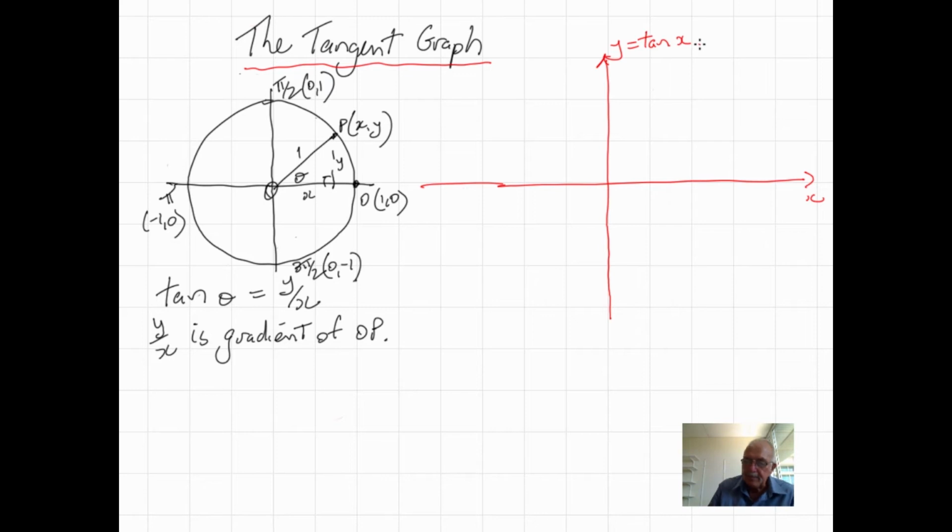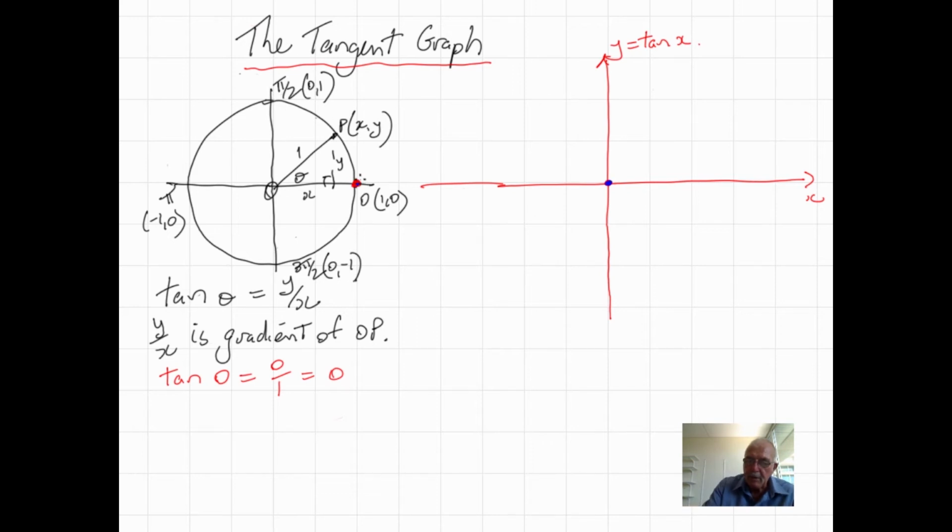We know that when P is at this point here, the tan of 0 is equal to the y coordinate divided by the x, so it'll be 0 over 1, which will be equal to 0. So the tan of 0 is 0. So there is a point on my graph. Maybe we'll just do that in blue. Okay, so tan of 0 is 0.